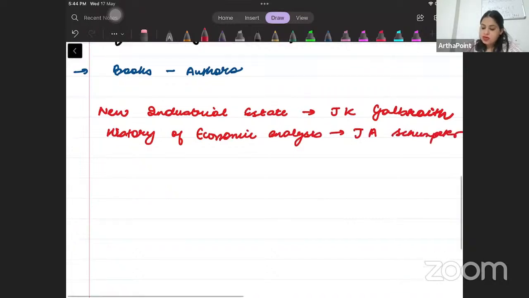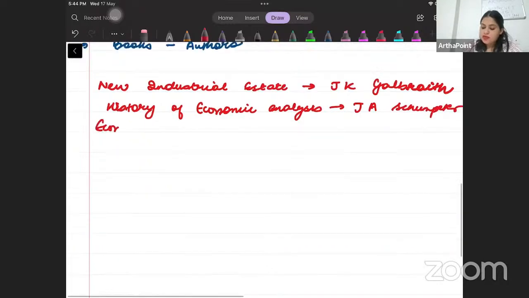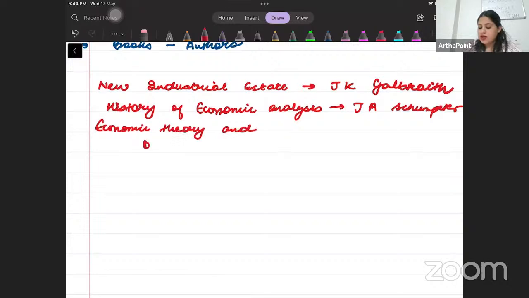The book इकोनॉमिक थ्योरी, ये बुक्स इंपॉर्टेंट हैं जो मैं लिखवा रही हूँ, ये एग्जाम में आ सकती हैं. एंड ऑपरेशन एनालिसिस, it was given by W.J. Baumol.